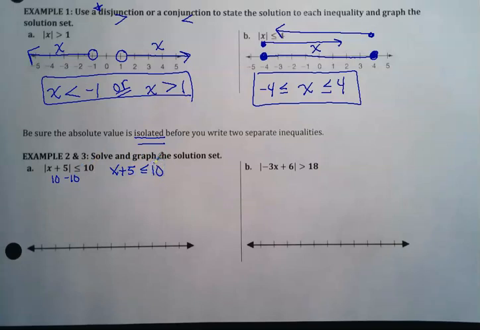Or we're going to say x plus 5 could be greater than or equal to negative 10. Now, why did I do that? Or what did I do there? Maybe that's a better question.